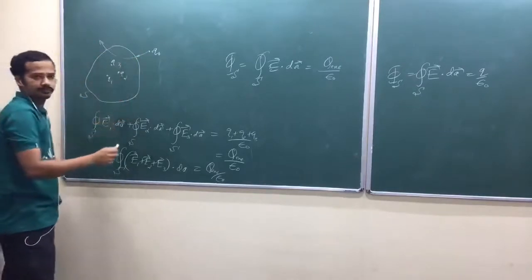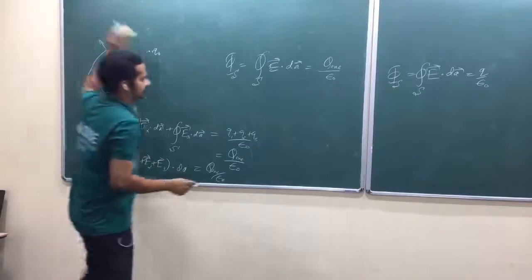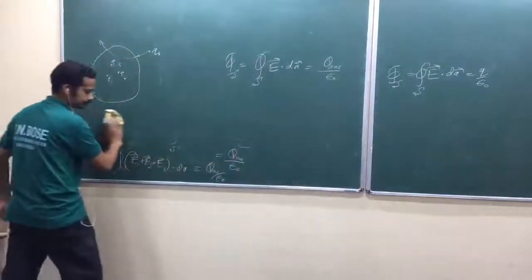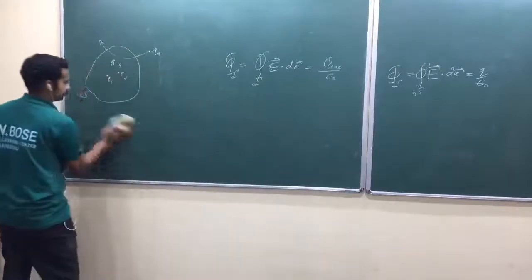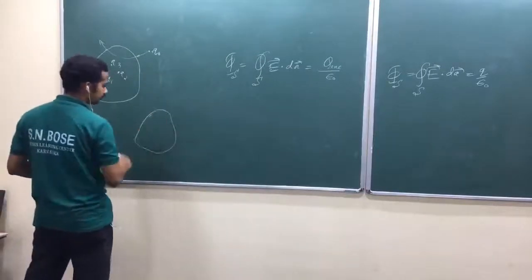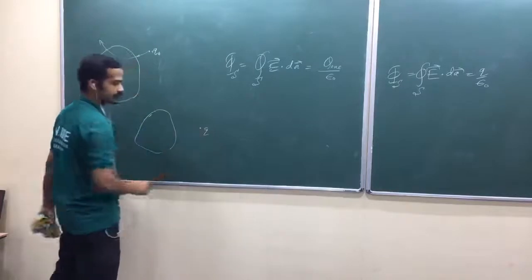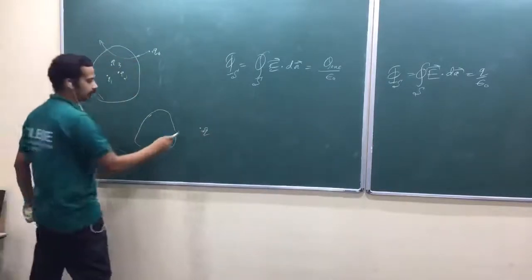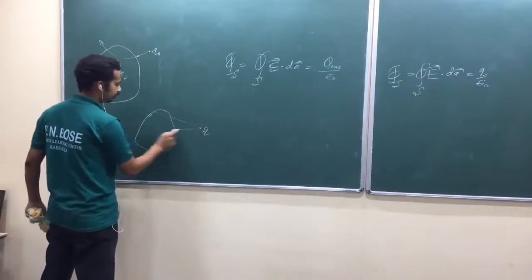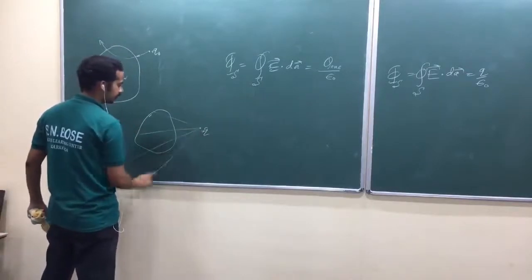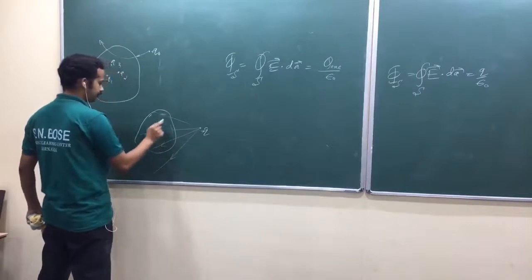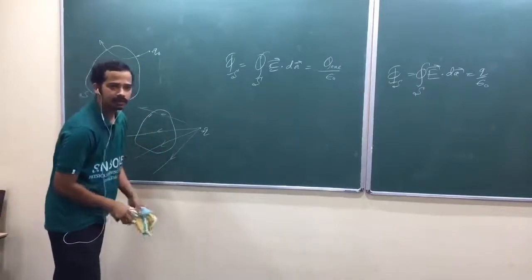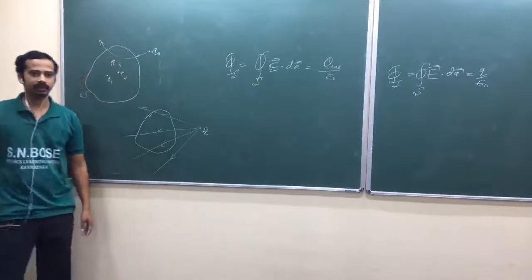Suppose I take one more example. Let me take one closed surface. I have only one charge here, plus Q. There are no other charges inside. Then what would happen? This will produce an electric field like this. What is the net flux now? Zero. Why? Electric fields are not terminating midway. Am I right?